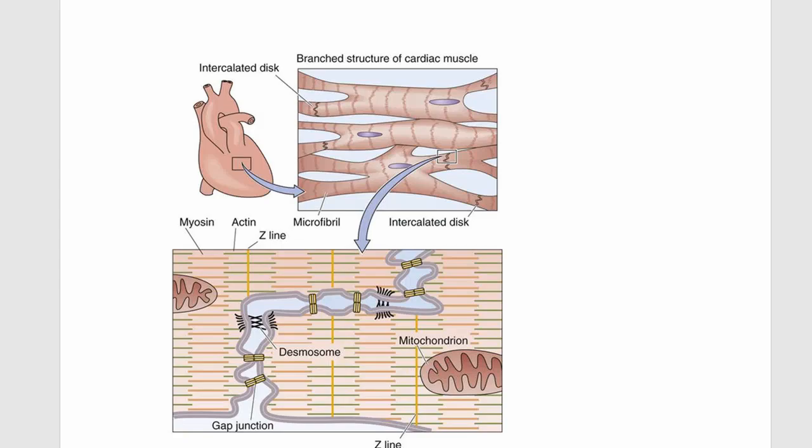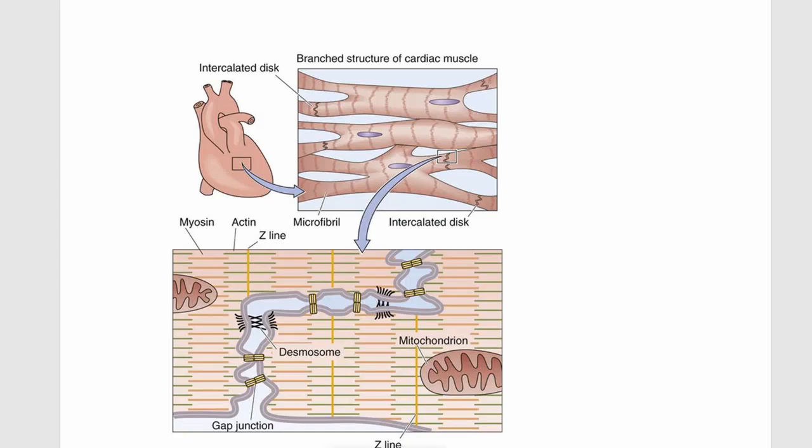So these are found within intercalated discs, and they anchor the actin filaments of the cardiac muscle cells to the plasma membrane, and that helps to transmit contractile forces between cells. So these components of intercalated discs facilitate electrical coupling and mechanical cohesion between adjacent cardiomyocytes, and this is what allows for the efficient propagation of action potentials and synchronized contraction of the heart cells.